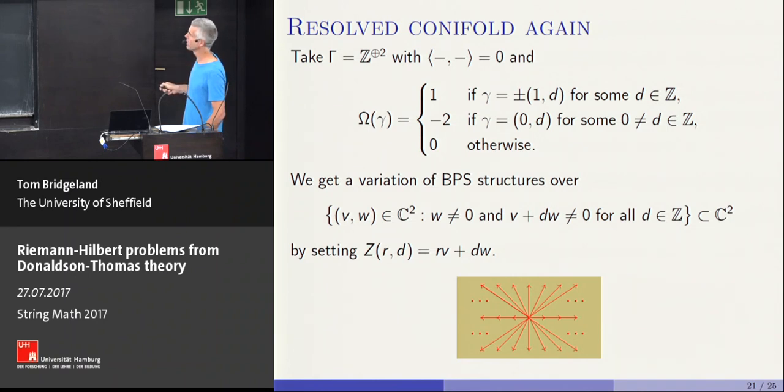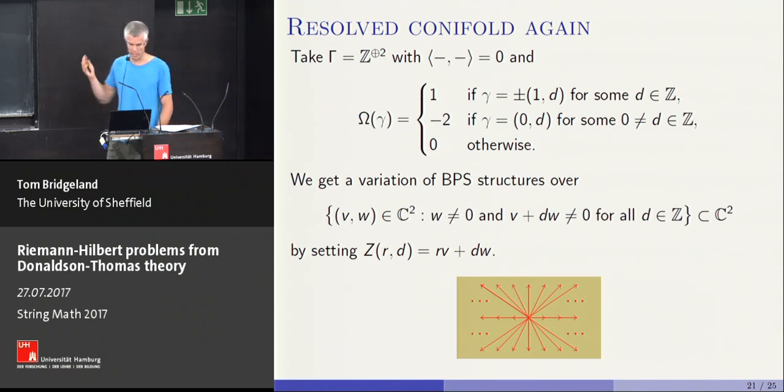So I'm, in fact, taking a general central charge, which is going to map here's V and here's W. And I'm allowing V and W to vary more or less arbitrarily, except that I don't want the central charges of any of the branes to go to 0. So that's what these conditions here are. And in fact, this is basically the space of stability conditions for this example. Rather, the space of stability conditions is the universal cover of that.